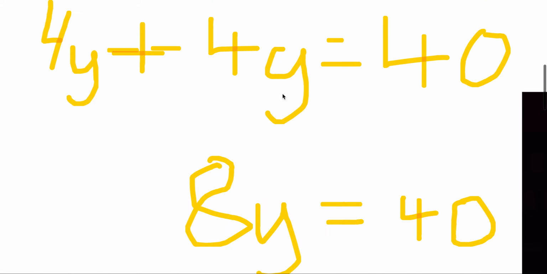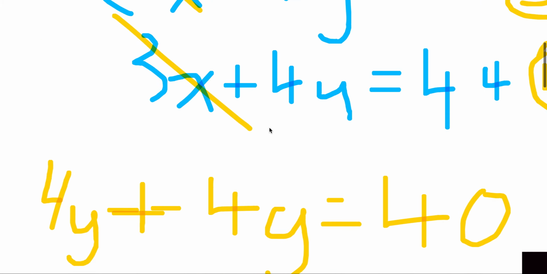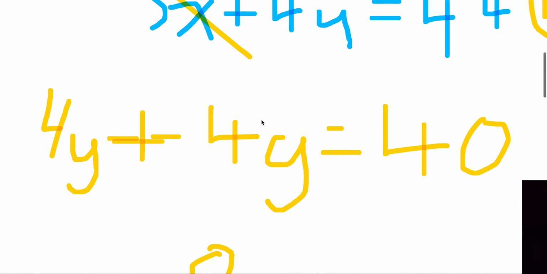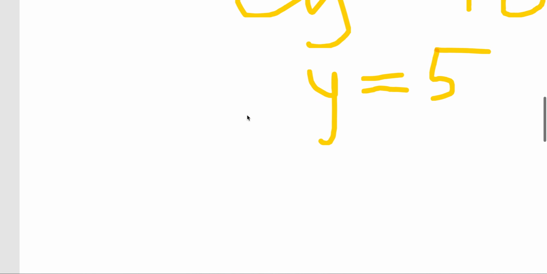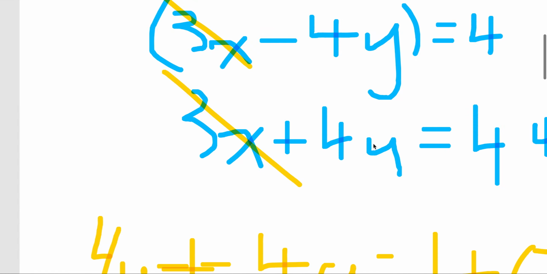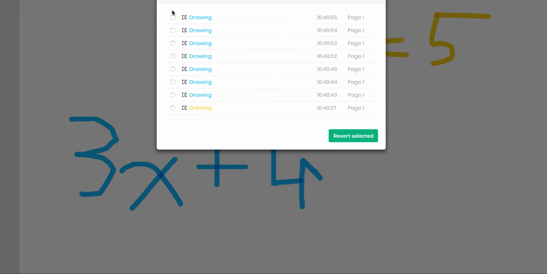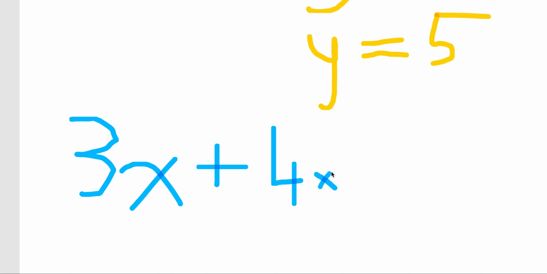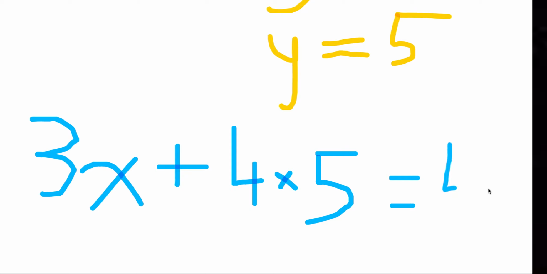And then we are going to use equation 4 and write that 3x plus 4y is equal to 44.